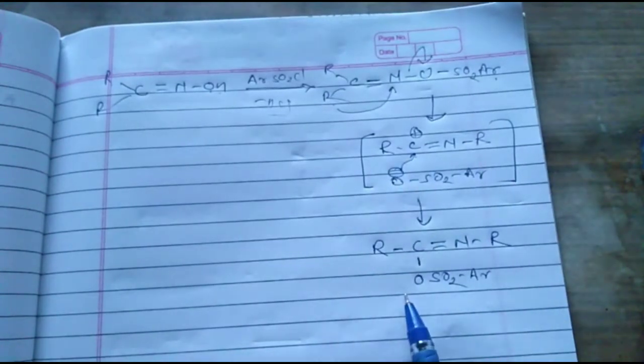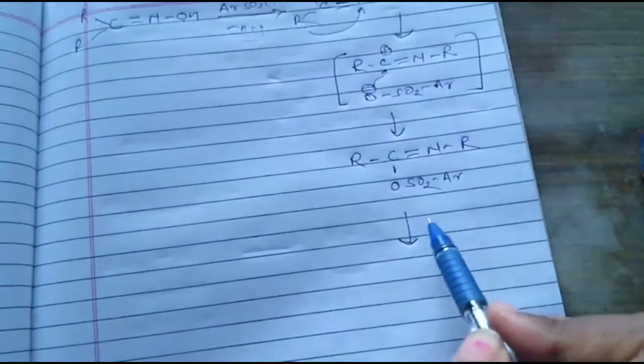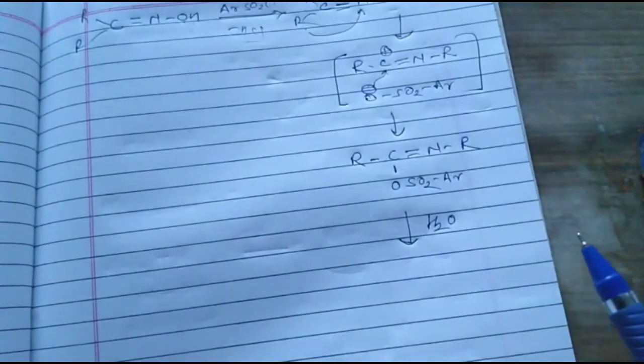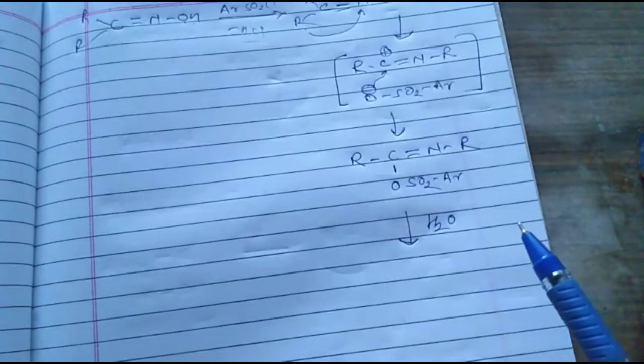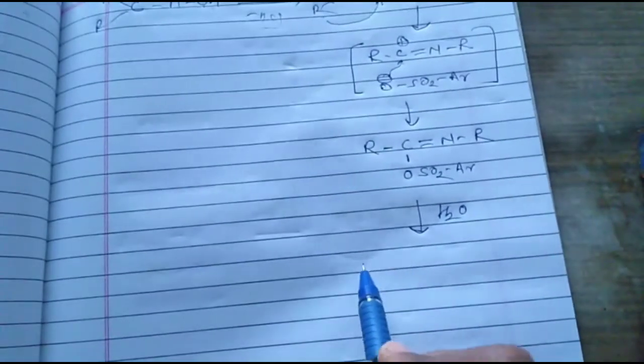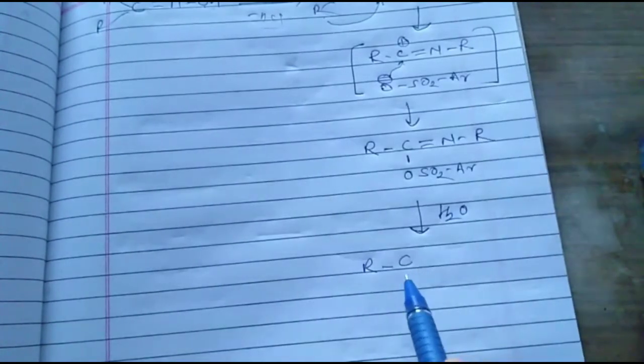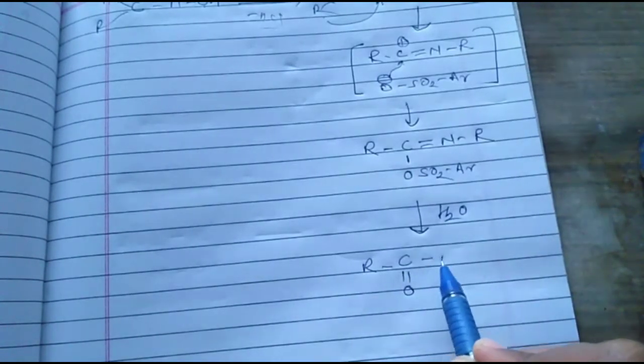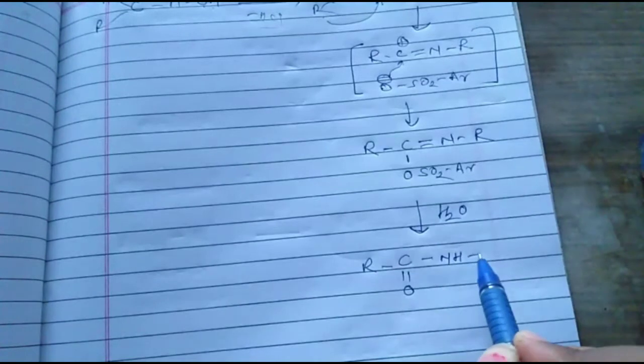Okay, there is a formation of this product. And then what happened? By the addition of the water molecule, there is a formation of our product, that is RC=O NHR.